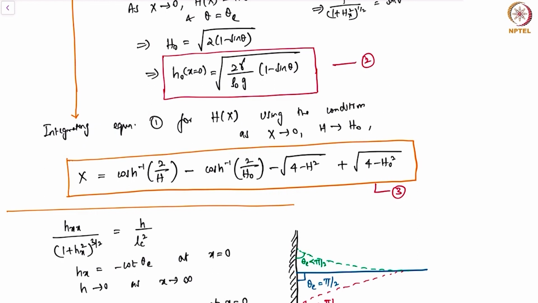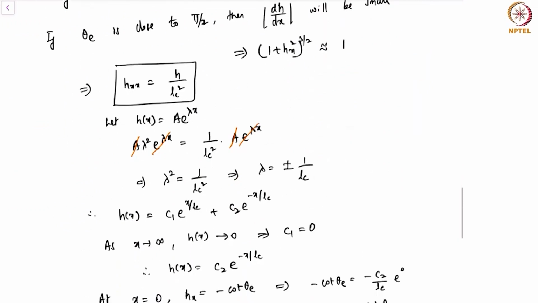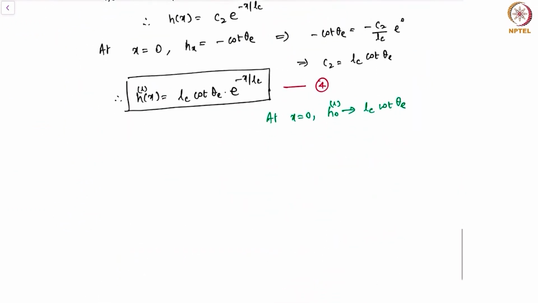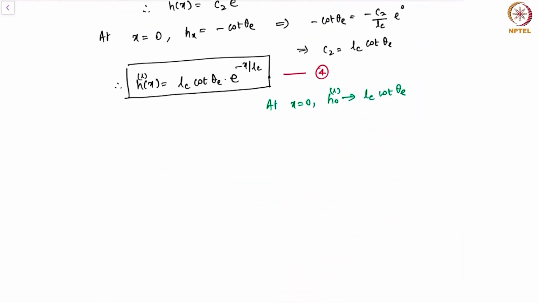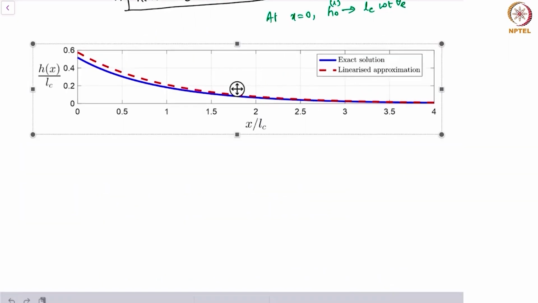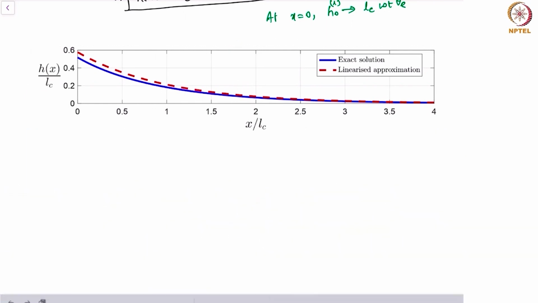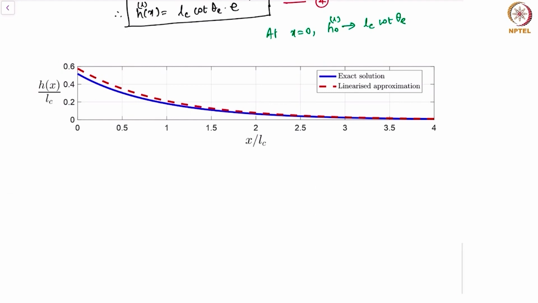Now, what we want to do is compare the two solutions. I've made a simple comparison for an angle of theta equals 60 degrees. I'll show that now. Here I'm showing you two graphs.